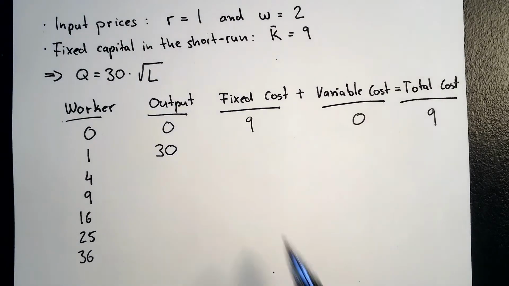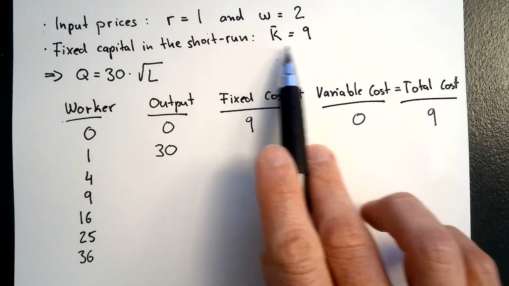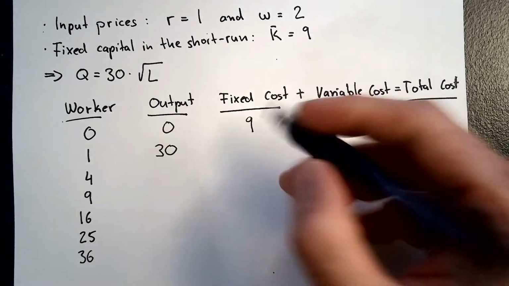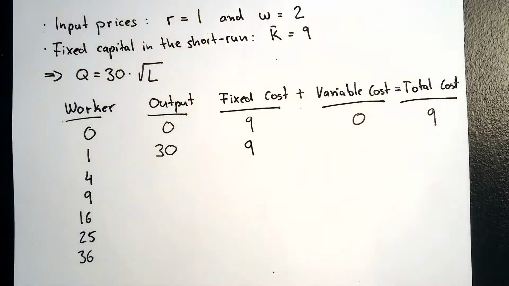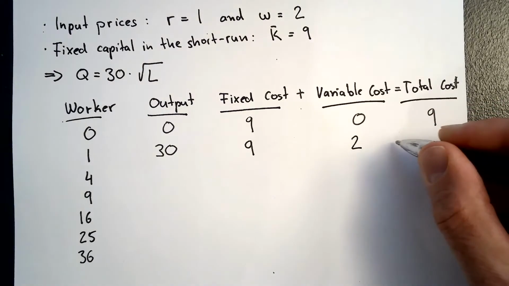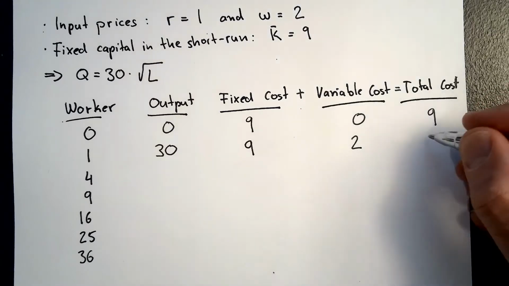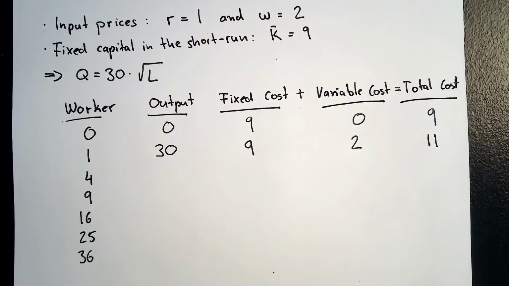The fixed cost here has not changed because we are still employing 9 units of capital, so the fixed cost is 9. But the variable cost is not 0 anymore because we are now employing this worker that costs us $2, and hence the variable cost is 2, and the total cost is 9 plus 2, equal to 11.